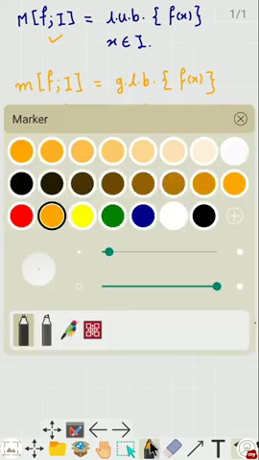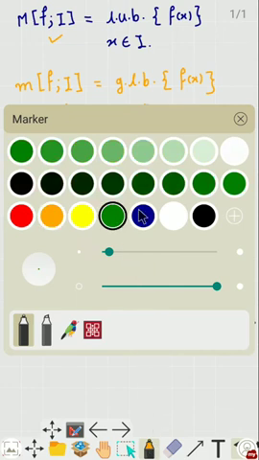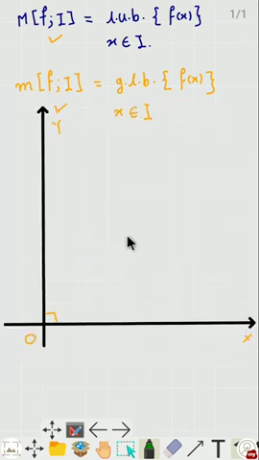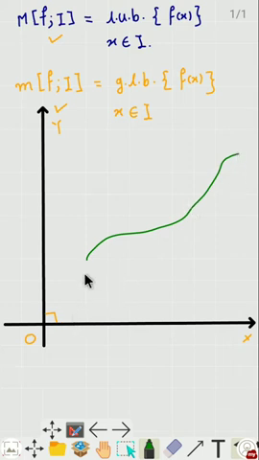Suppose we draw one arbitrary graph of a function f, and suppose this is point a and this is point b. Our graph is in the closed interval a comma b.